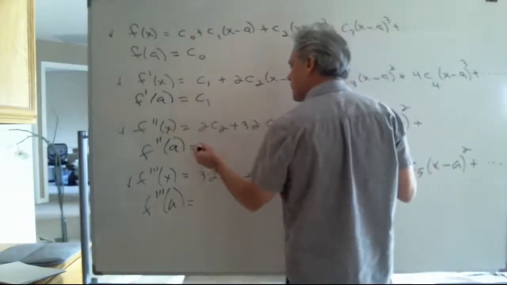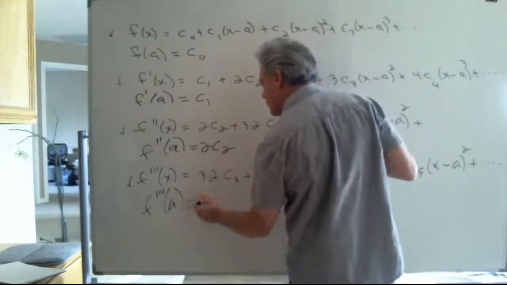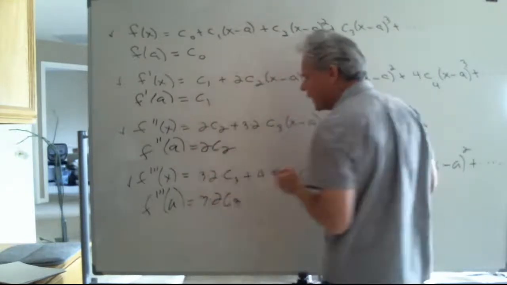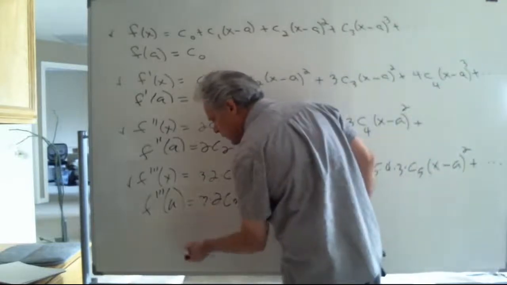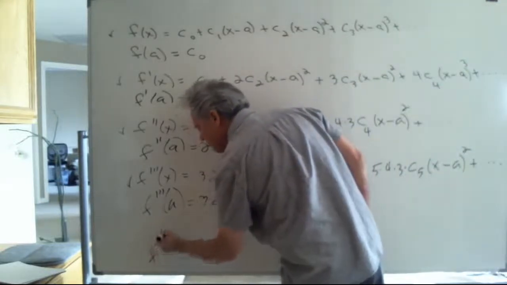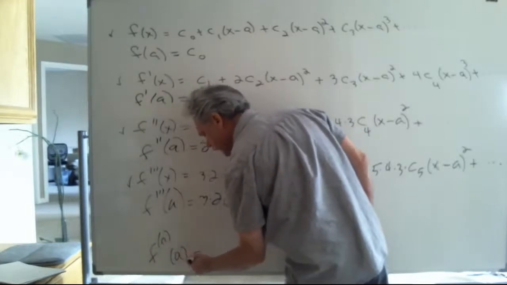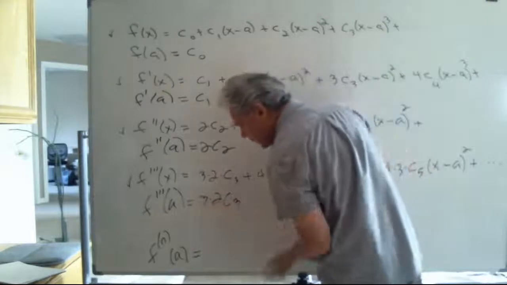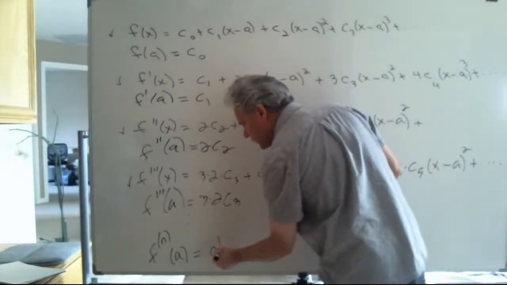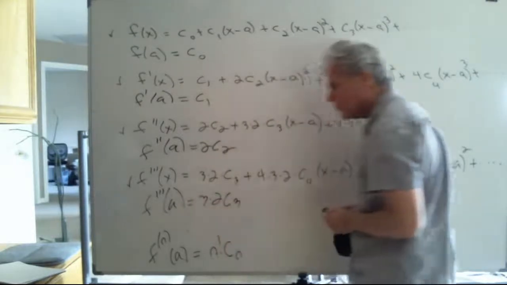Here, here, here. So generalizing from this, can't you see or look ahead, playing a little bit of chess, that the nth order derivative, evaluated at x equals a, is simply going to be of this form, which is nothing more than n factorial times c sub n.